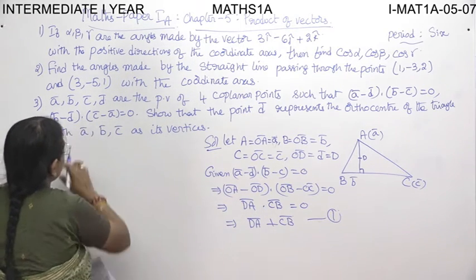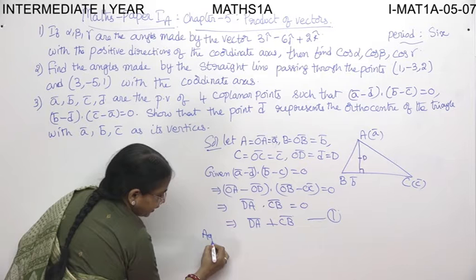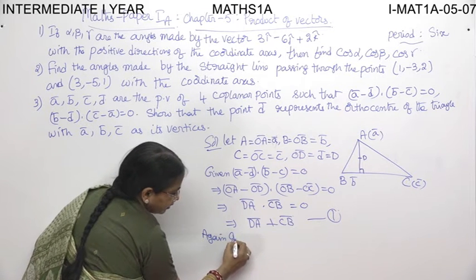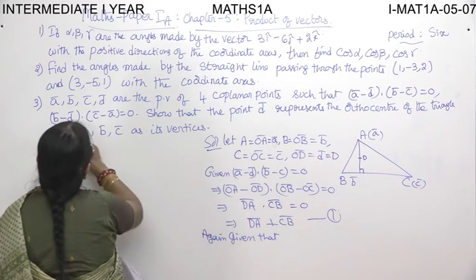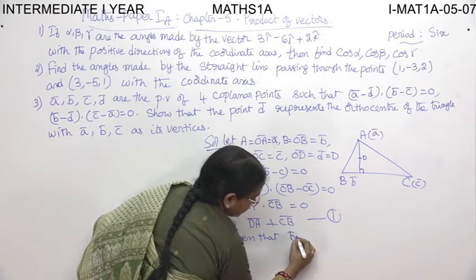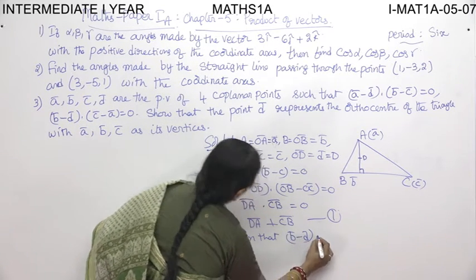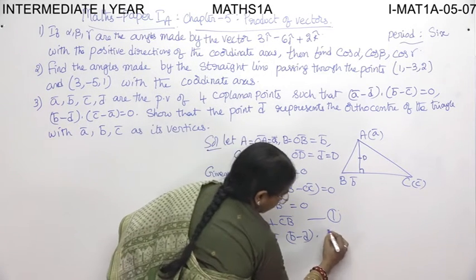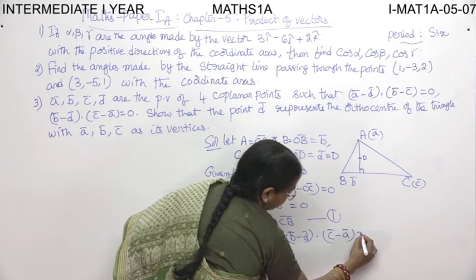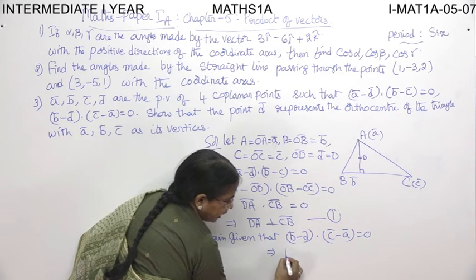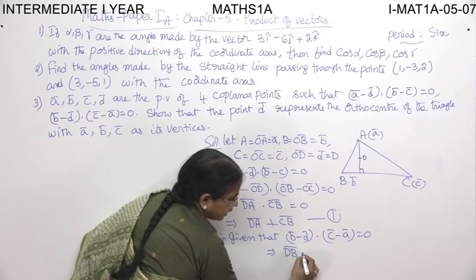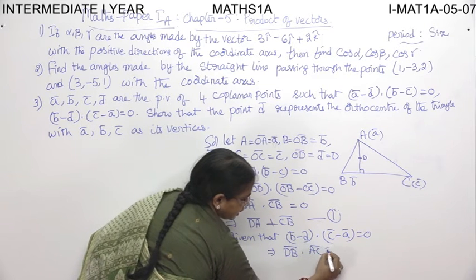Now, we'll take the second one. Again, it is given that (B minus D) dot (C minus A) is equal to 0. If you simplify in the same manner, you will get DB dot AC is equal to 0.